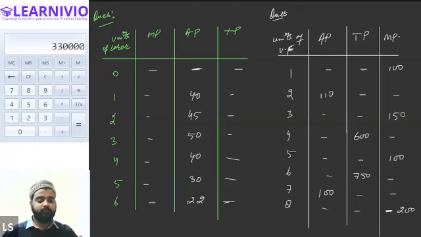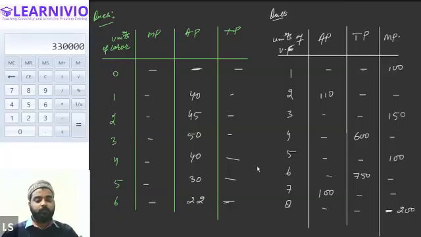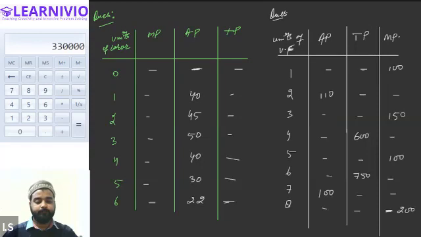Done, Alexander. The first question. Yes, sir. Please solve the second one. And Steve, what about the first question? Steve, tell me the answer of the first question, please. Steve is not responding.